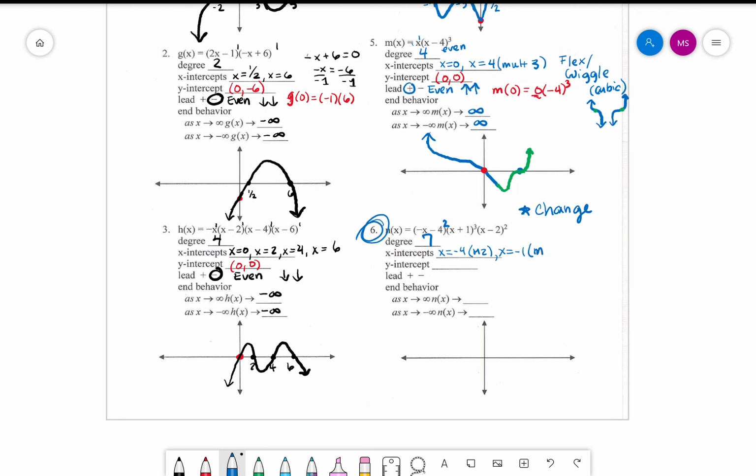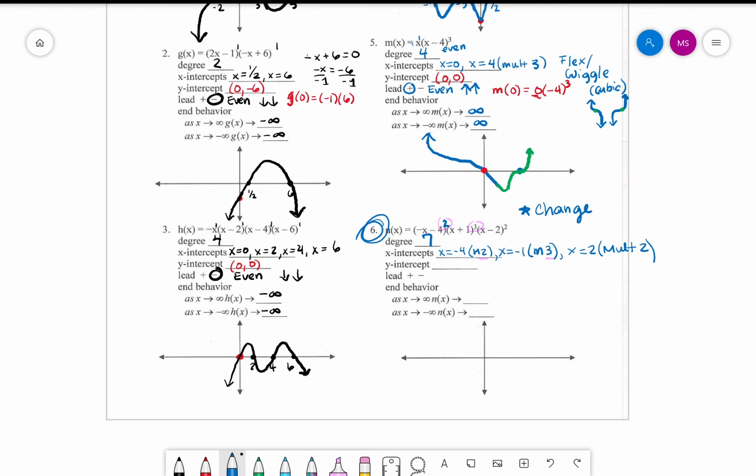So x equals -4 has a multiplicity of 2. x equals -1 has a multiplicity of 3. You're just taking the exponents. Whatever your exponent is, that's your multiplicity. We do not have to write the multiplicity for ones. Last but not least, we have x equals 2, which has a multiplicity of 2.